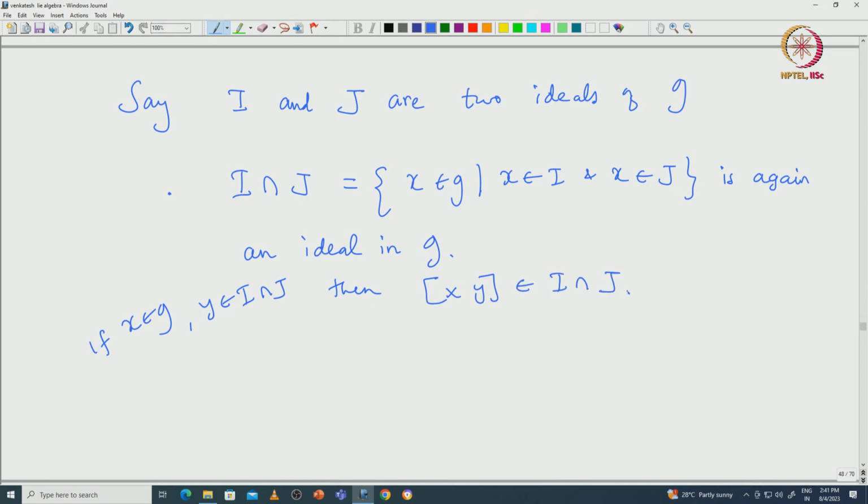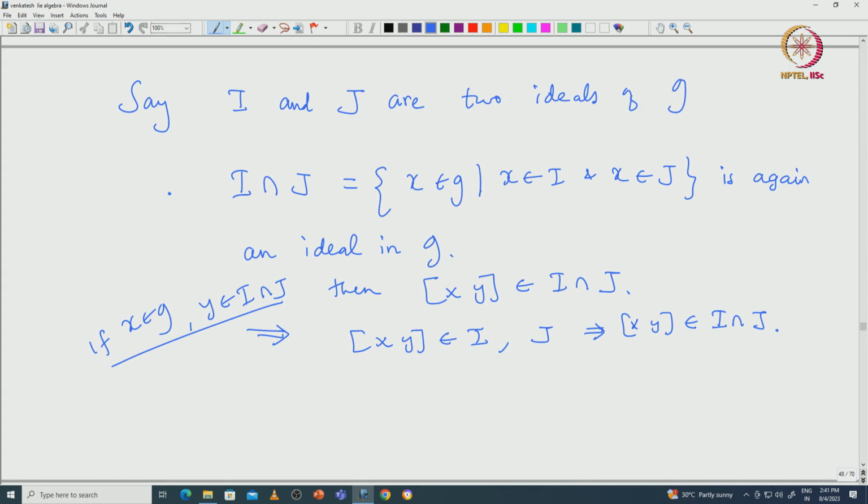That is obvious, because once x is in G and y is in I intersection J, the bracket [x,y] will be in I by the definition of ideal for I, and the same argument tells you [x,y] is in J. So [x,y] is inside I intersection J. This says that I intersection J must be an ideal for any ideals I and J, and this is not true only for two ideals.